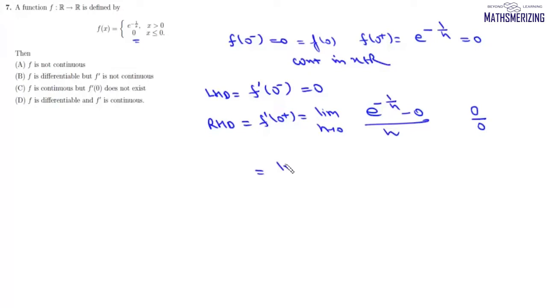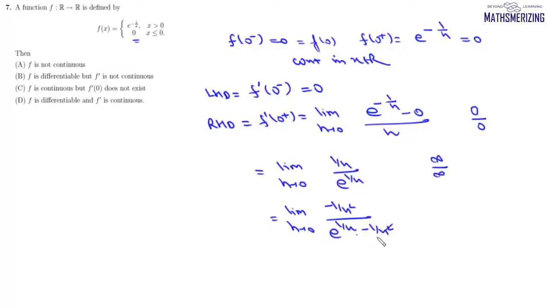Now we can write this as limit h tends to 0, 1 upon h upon e to the power 1 upon h, which is infinity upon infinity form. If we use L'Hopital's rule, we can write limit h tends to 0, minus 1 upon h square upon e to the power 1 upon h into minus 1 upon h square. So we'll cancel.